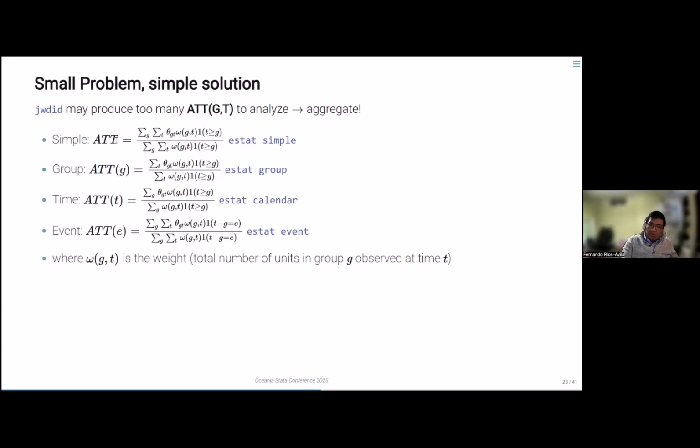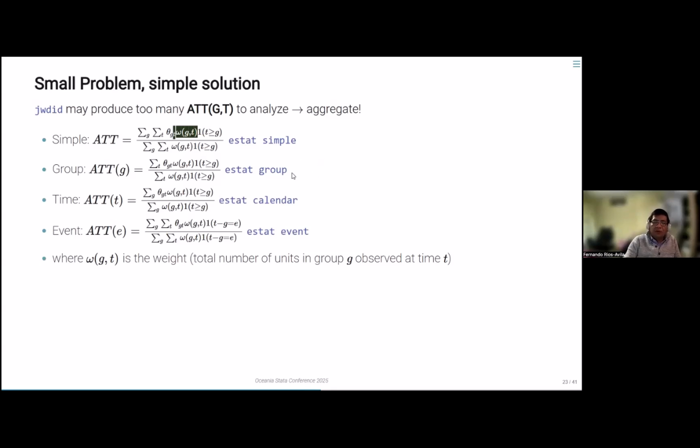For example, for a simple ATT, which gives the average treatment effect for the whole population of your data, you're just averaging the treatment effects, assuming that they were treated. And the weight you apply is, for each group and time, how many observations you have in that data.